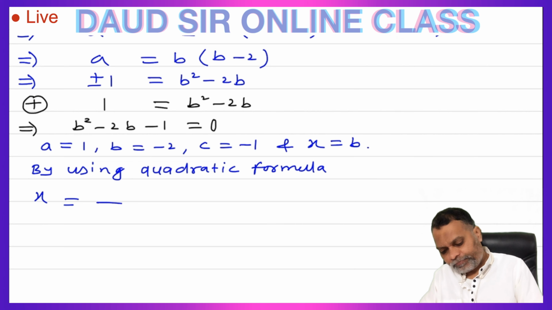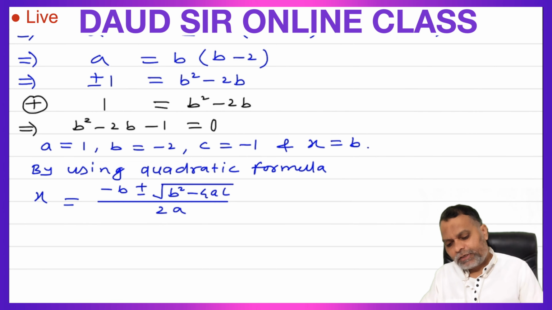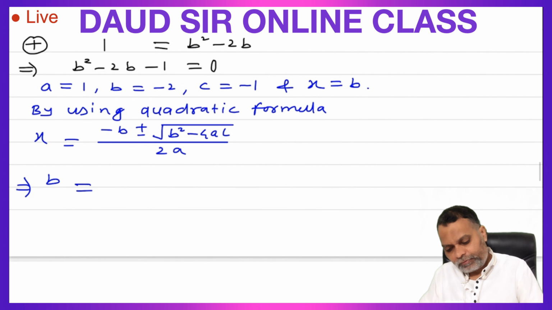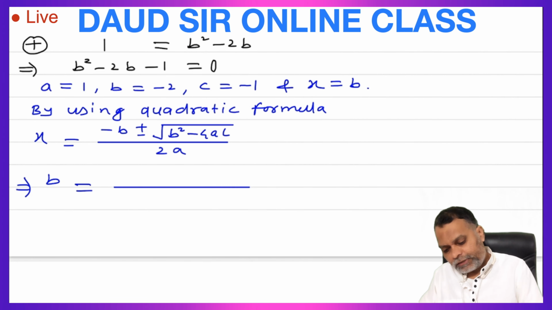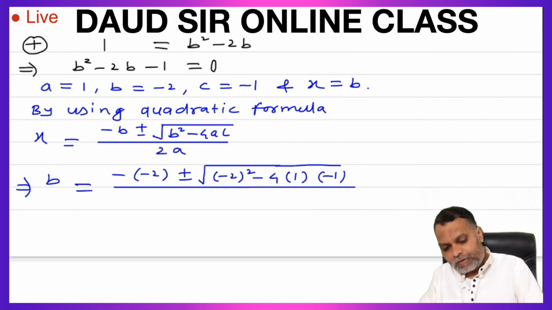x is equal to minus b plus minus under root b square minus 4ac upon 2a. Substitute these values. X is equal to b here. This minus b is equal to minus of minus 2, plus minus under root minus 2 whole square minus 4, a is equal to 1 and c is equal to minus 1, upon 2a, a is equal to 1.